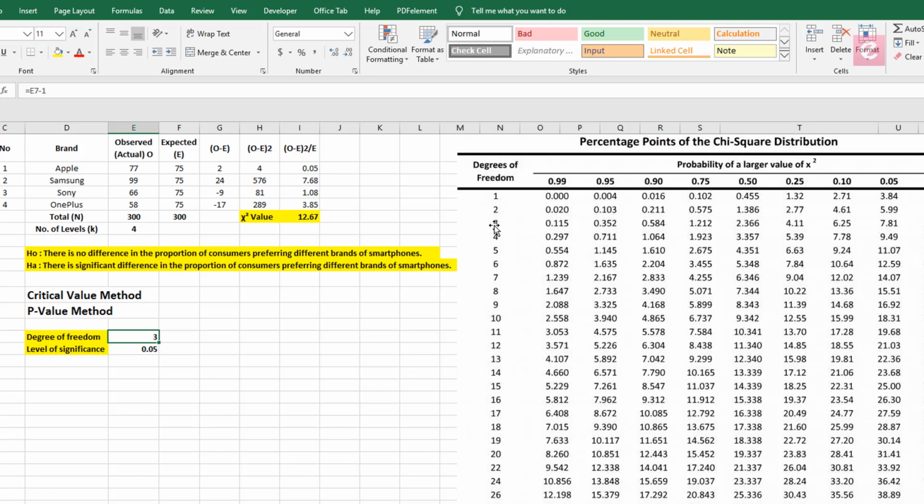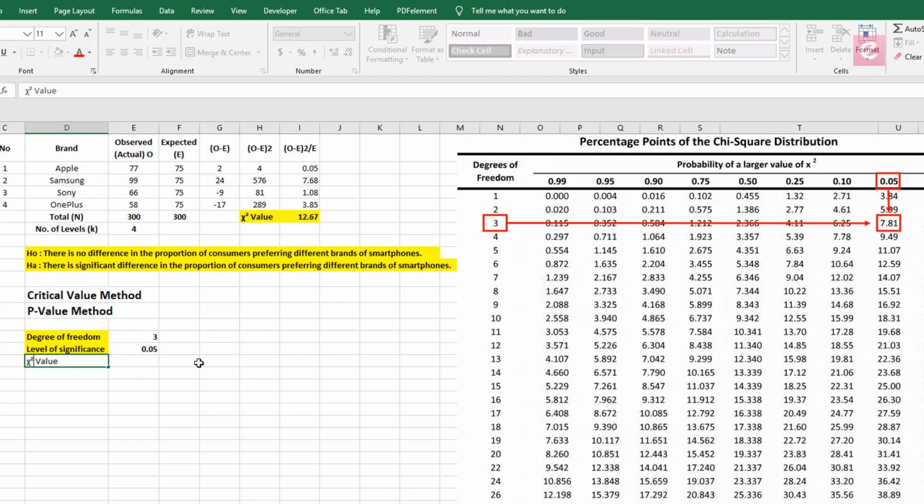So we need to find the degree of freedom 3 here and 0.05 from the top. Select, this is the value, 7.81. From the left-hand side you select the degree of freedom and from the top the level of significance, 7.81. This is the chi-square critical value.